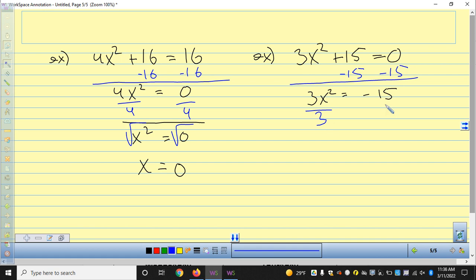Oh, I heard somebody say what's going to happen here. Somebody saw it already. X squared equals negative 5. I take the square root of both sides. And I'm trying to take the square root now of a negative number. If you plug this in, your calculator would give you an error. So this would be no solution.